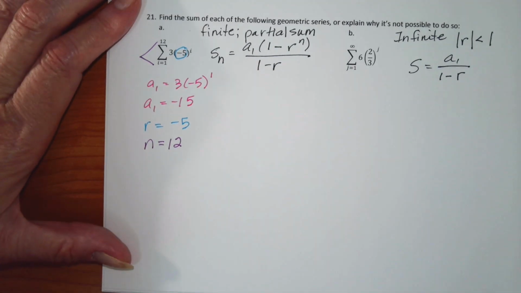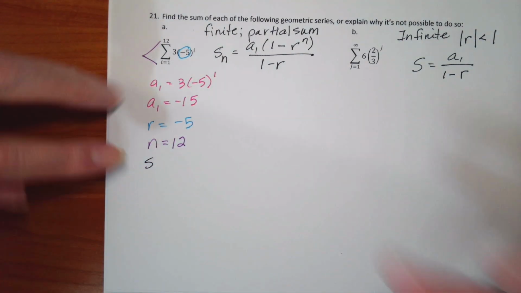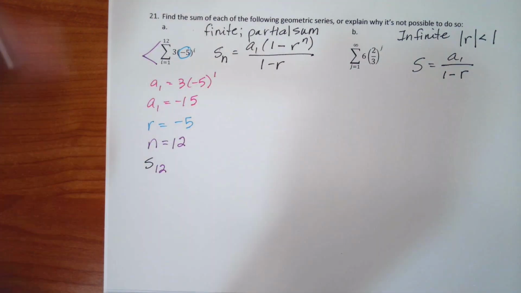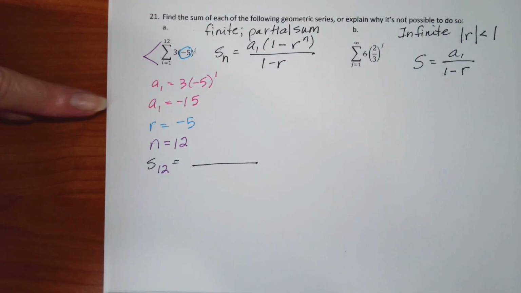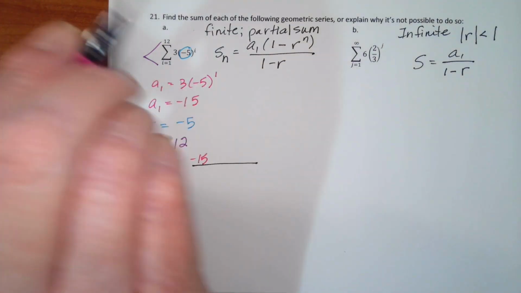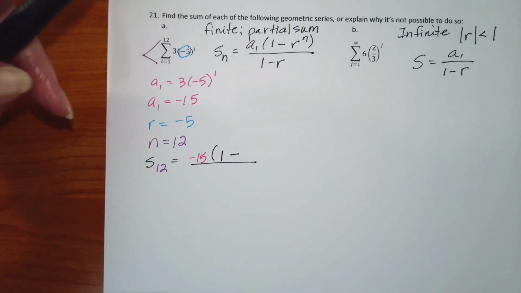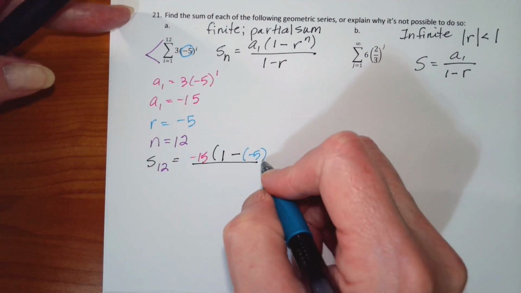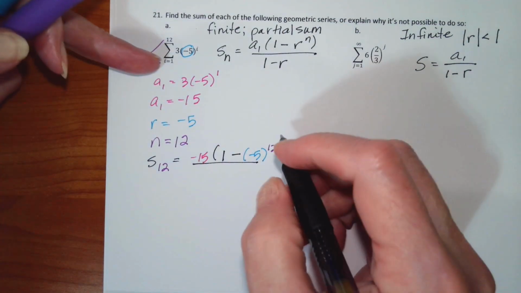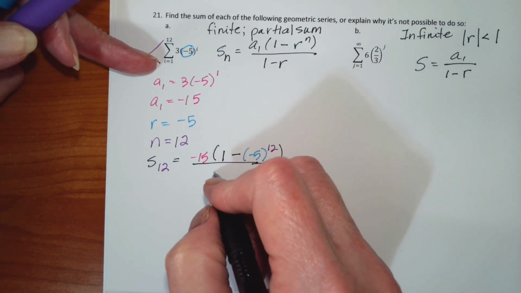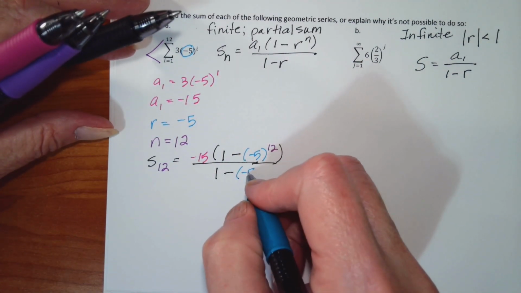So now I just plug them in. Okay, so the sum of the first 12 terms is equal to negative 15, my a sub 1, times 1 minus my r to the n, all divided by 1 minus negative 5.